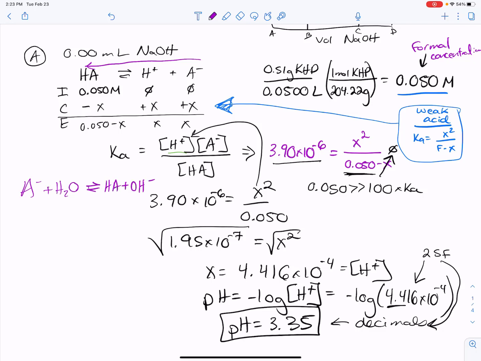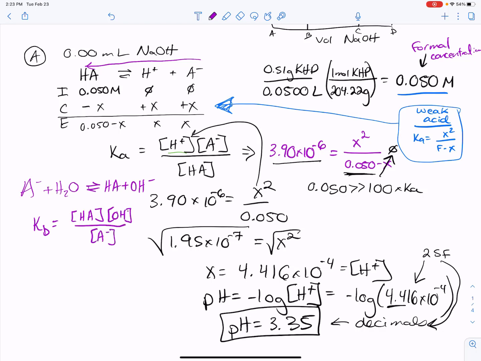And notice that's kind of the definition of a conjugate base, is it's going to produce hydroxide. That's our reaction here, which means your Kb, which describes this equilibrium expression, is HA times hydroxide over your A minus.